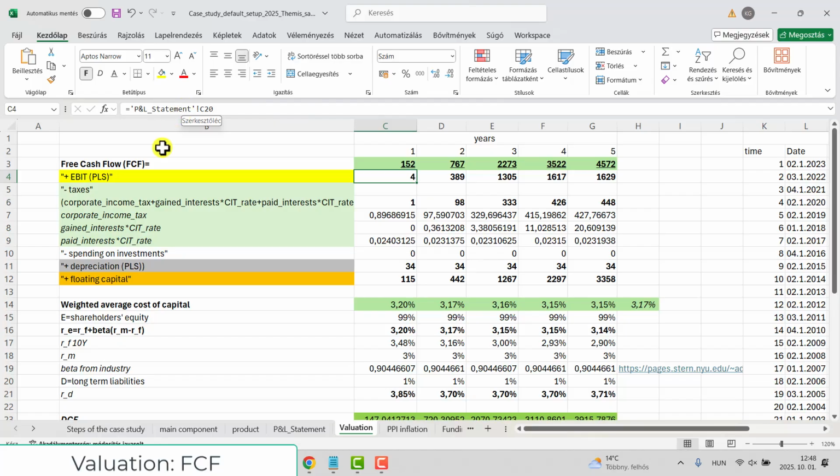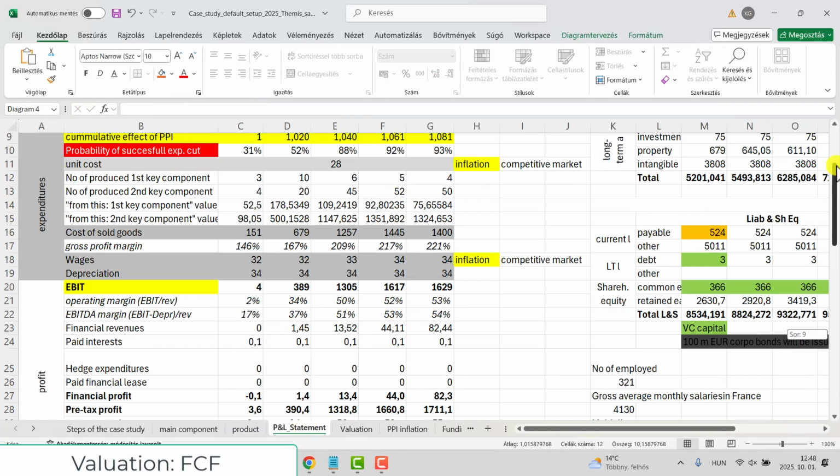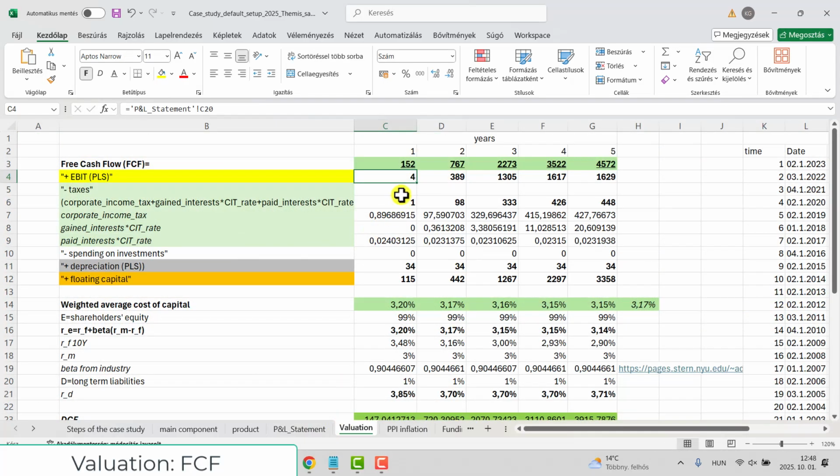So let's check valuation. So EBIT from the profit and loss statement, it should refer to C20. What is in C20? The EBIT is there, so okay, it's good. Then it rolls through, so EBIT is okay.